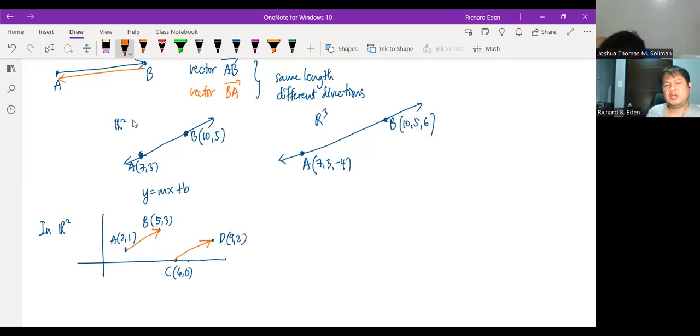But if you compare the two vectors AB and CD, can you tell me, without necessarily finding the length, do they have the same length, these two vectors? Opo. And do they have the same direction? Probably.